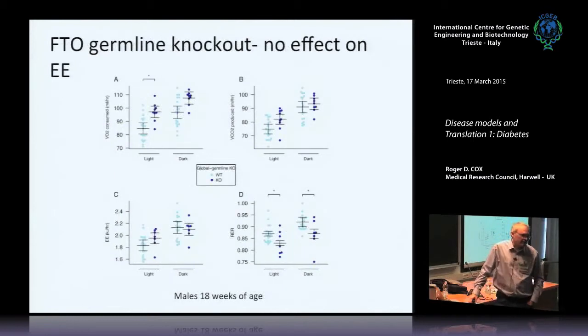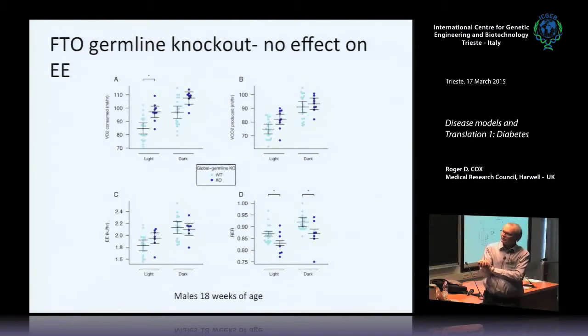When we looked at energy expenditure using indirect calorimetry, these mice are lighter, and one possibility is that they may not be eating as much as wild types. This is measuring oxygen consumption and carbon dioxide breathed out, and calculating energy expenditure.